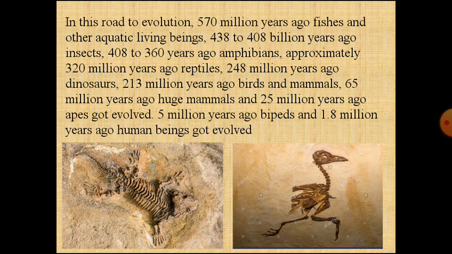They might be bipeds, they said. Now bipeds are the two-legged living beings. They also evolved, and these were like human beings. Or there were other aquatic and amphibians also. They, like frogs, toads, salamanders, also lived on the earth.